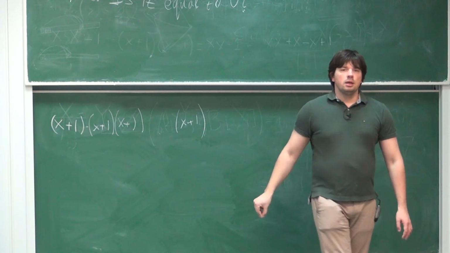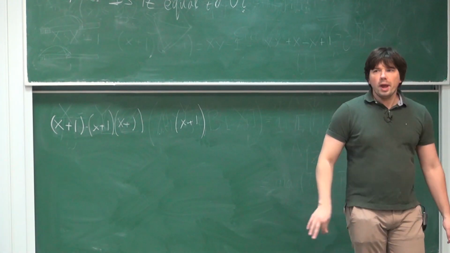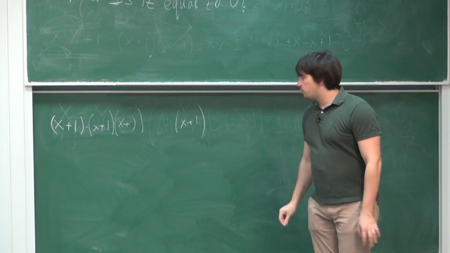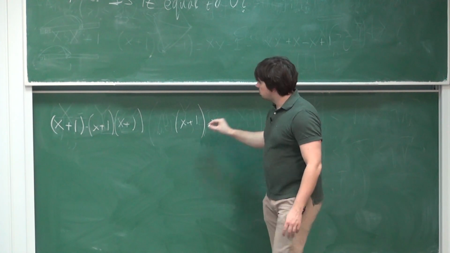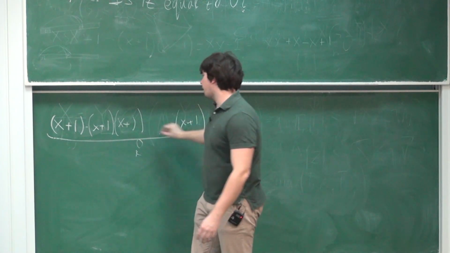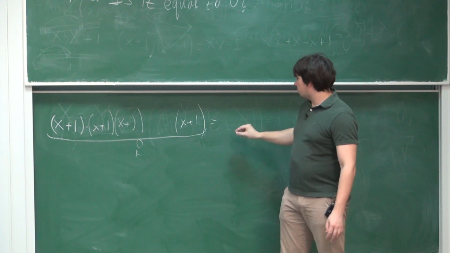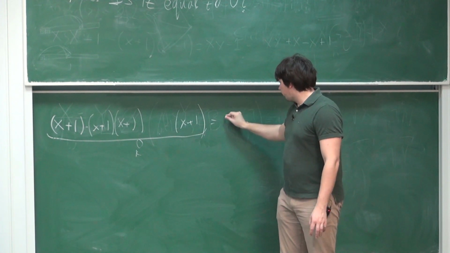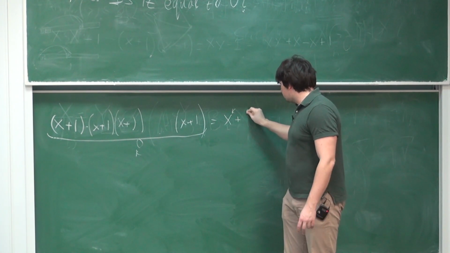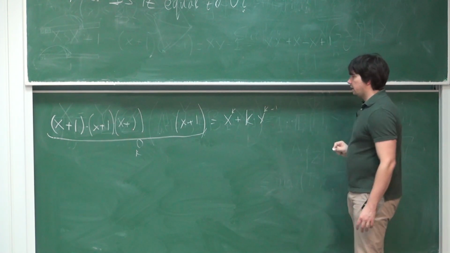So the whole thing, when you expand it, like when you do all the multiplications, will result in, so if you had k brackets, so if you had k terms that you multiply together, then you will have a formula of x to the k plus k times x to the k minus 1, and so on.